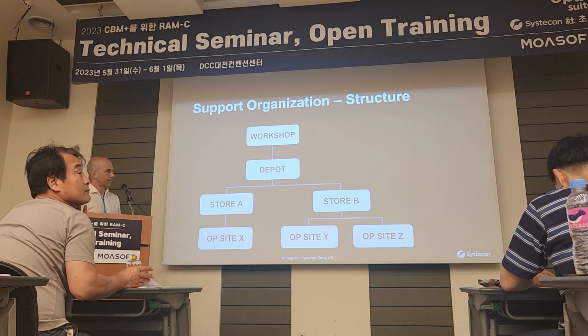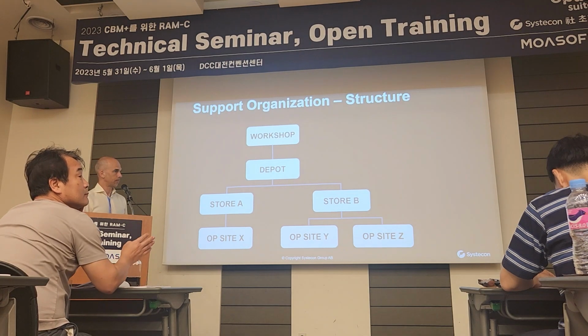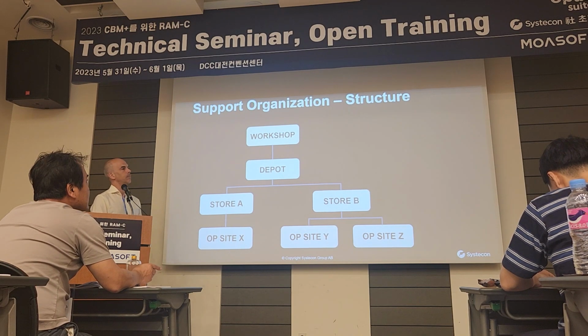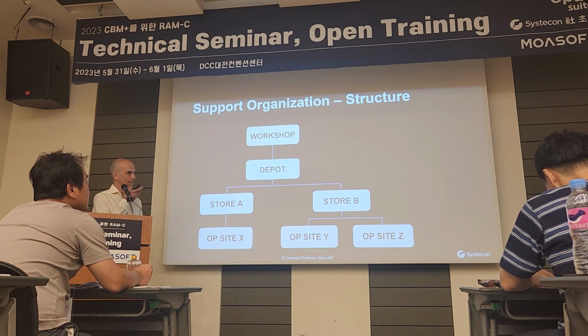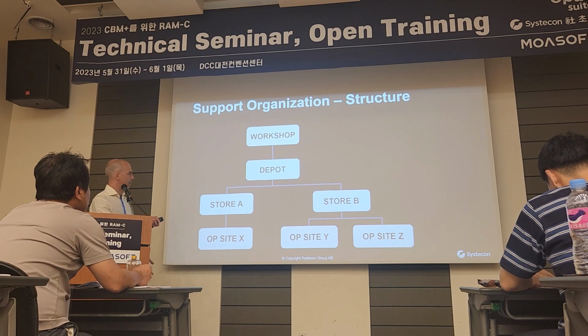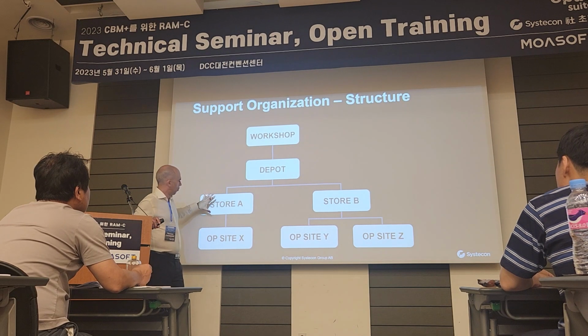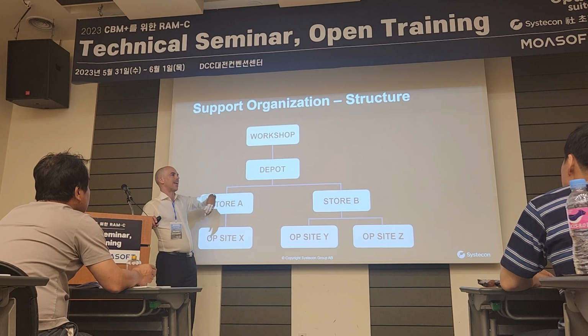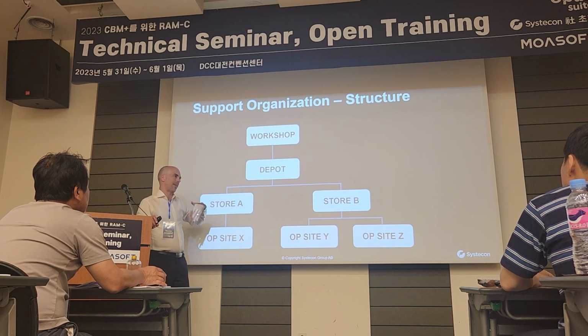You mean that the workshop is a bigger place or bigger facility than the depot? Not necessarily. We could say that if I am the operator here, I own the depot, the stores, and the operation site. But I'm not responsible up here. As I said, this is a repair place which I send my things to and I get them back.